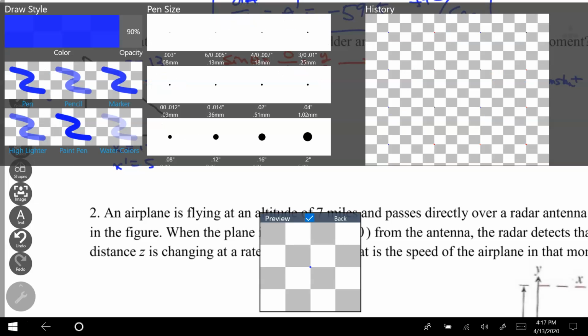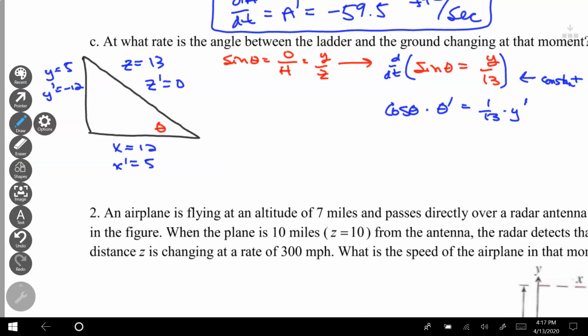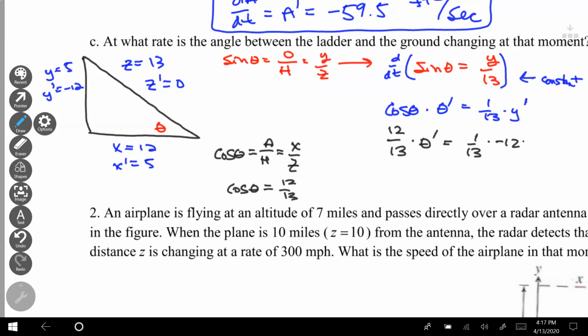Well, I have to figure out cosine for this picture. So cosine for this picture, at the moment, cosine is adjacent over hypotenuse, which is x over z. So cosine right now in the moment is 12 over 13. So this becomes 12 over 13 times theta prime is equal to 1 over 13 times my y prime, which is negative 12.